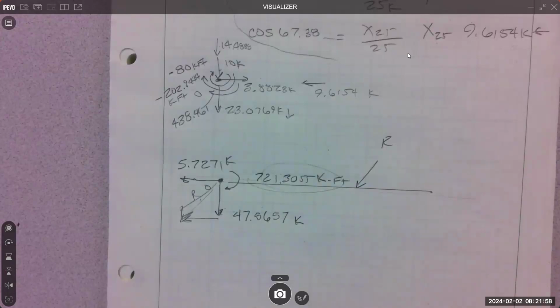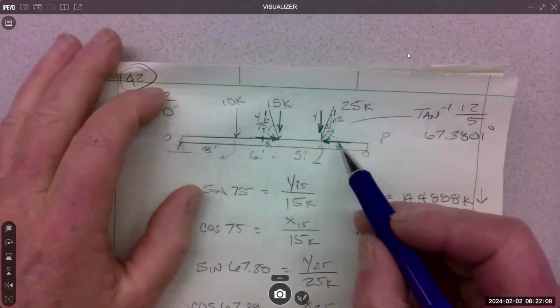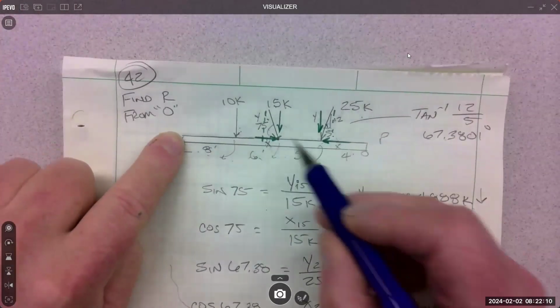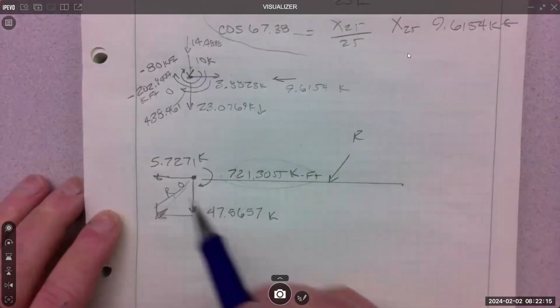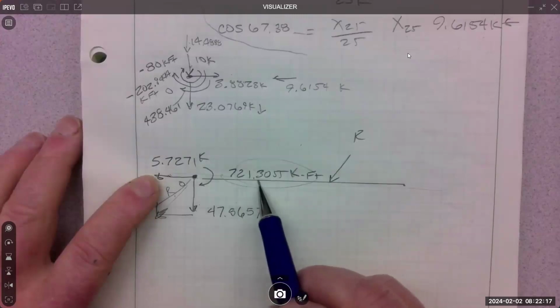And if we know these components are the same effect, then this X just drops out of the moment equation, just like it did above, right? These X forces dropped out of the moment equation because they went right through it. So this is the same concept. This X force does not contribute to that moment.